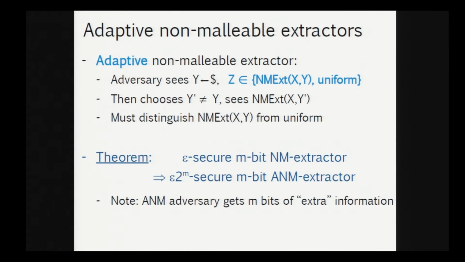So she sees the seed Y, and then either a uniform string or the output of the extractor. Then she gets to choose the new seed and see that, and then she has to decide uniform or output of the extractor. We show, in fact, that any non-malleable extractor is also an adaptive non-malleable extractor with a 2 to the m loss in security. And here, note that m is actually the size of the extra information that the adversary sees.